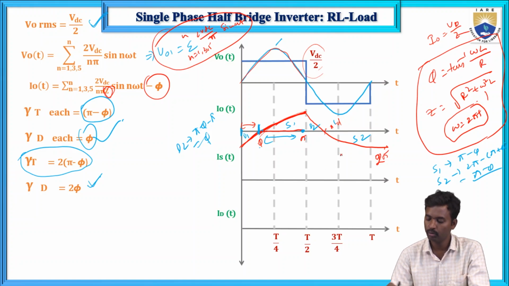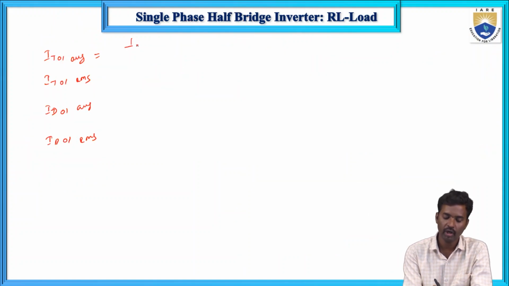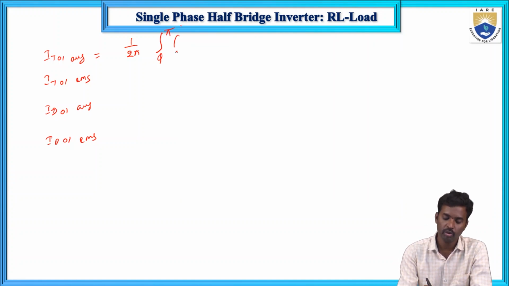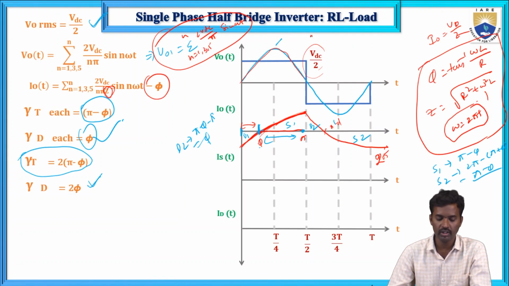So in the 2 pi duration, this equals 1 by 2 pi. Total time period is 1 by 2 pi. This equation is important, that is d omega t. So this equation is I01 maximum value sine omega t minus phi.